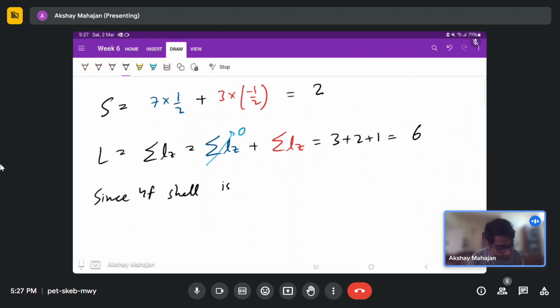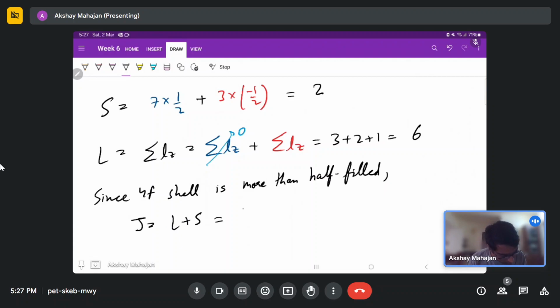So the 4f shell is more than half filled. So J is given by L plus S. So that will be equal to 6 plus 2 equals 8.